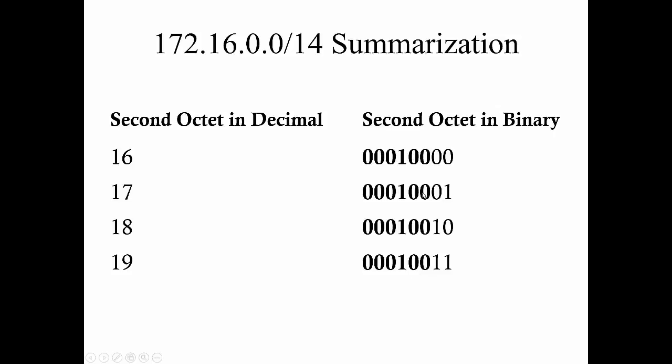Our summarization is going to be, how are all of these the same? And if we do not look at the last 2 bits, they're all the same. Again, with summarization, I'm going to be doing another video on just summarization, so keep your eyes out for that.